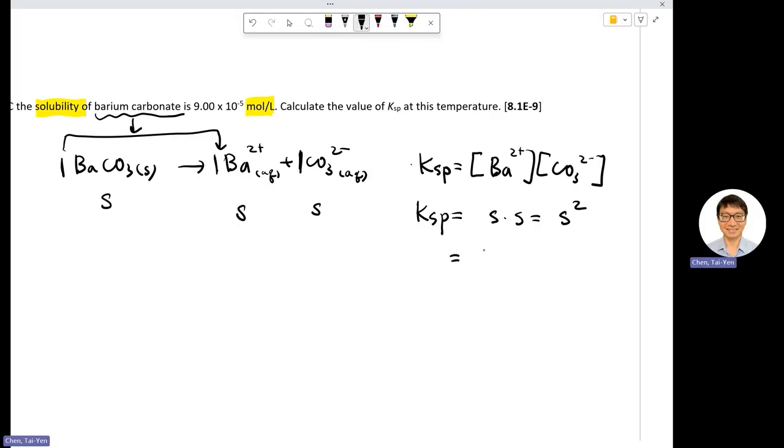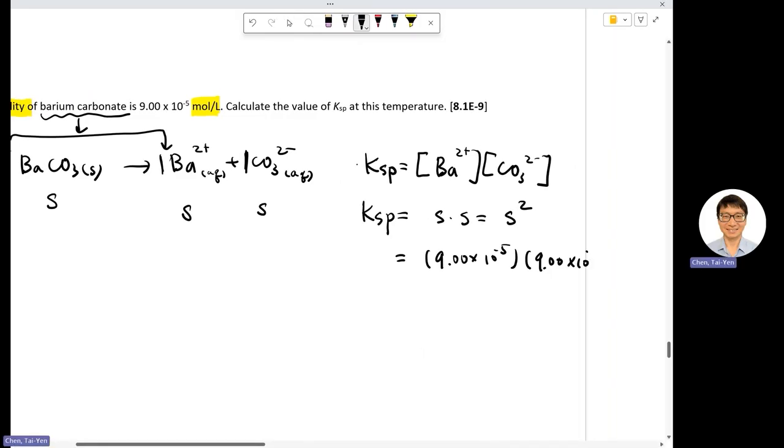Therefore, this will just equal 9.00 times 10 to the negative 5 times 9.00 times 10 to the negative 5. Okay, so when you do the computation, you're going to get 8.1 times 10 to the negative 9. And that will be your Ksp.